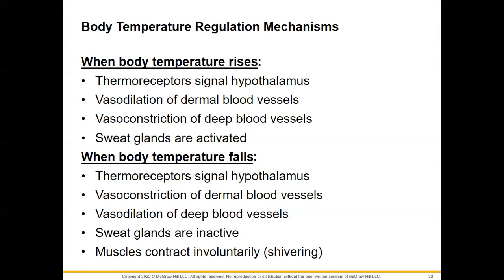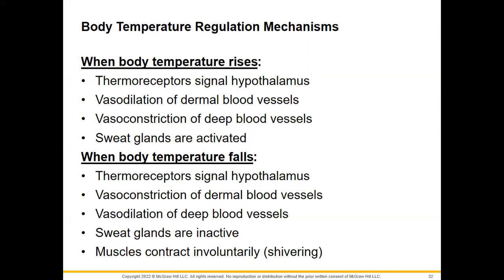So if your body temperature is going to rise, we want to constrict those vessels on the inside a little bit so that we can redirect more blood flow to the surface, so that more of the heat leaves the blood through the skin. Evaporation and those four different heat loss methods now work because you have more blood flowing toward the skin. And as the heat rises, the sweat glands are activated so that you can also have evaporation.